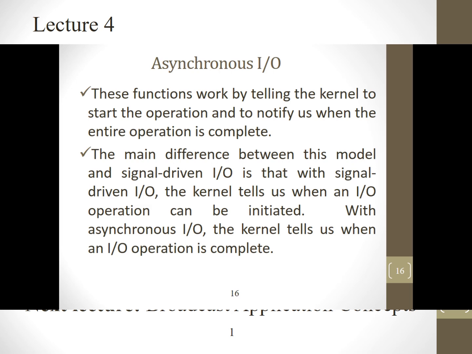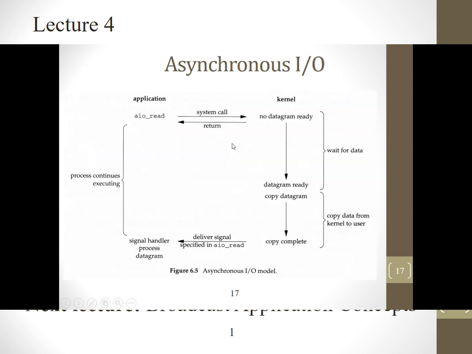These functions work by telling the kernel to start the operation and to notify us, meaning the application, when the entire operation is complete. So very interesting. The asynchronous input-output read system call is used and then it returns immediately.